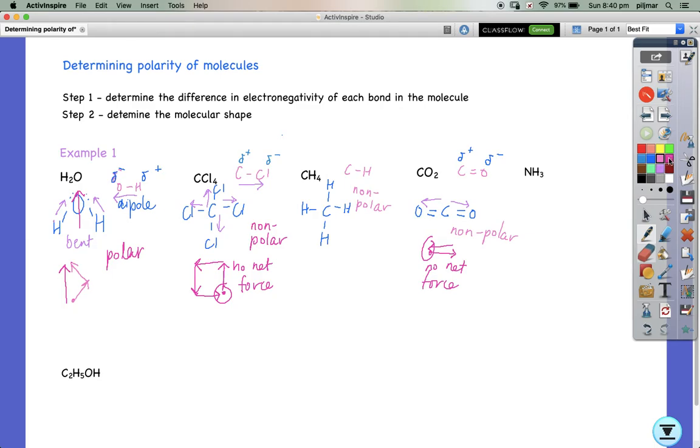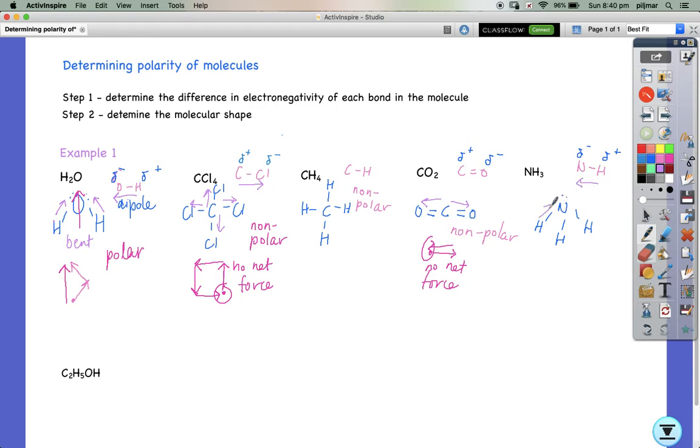Moving on to ammonia, which is our trigonal pyramidal shaped molecule with the nitrogen and the 3 hydrogen atoms attached. If we look at the bonds that make up this molecule, it is 3 NH bonds, and they are indeed polar. The nitrogen is electronegative and the hydrogen is what we call electropositive.